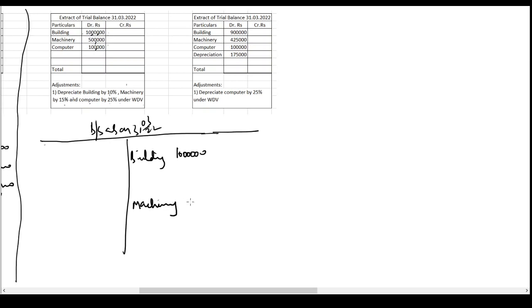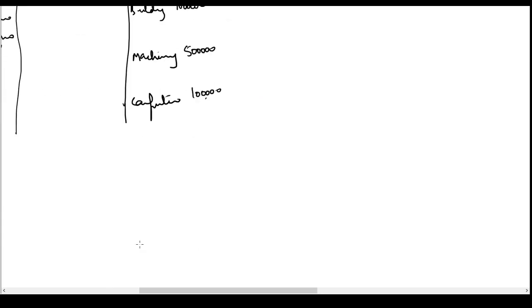Machinery 5 lakh rupees. Computer 1 lakh rupees, and I'm leaving some space. Okay. I'll also prepare the profit and loss account for year ended 31st March 22.